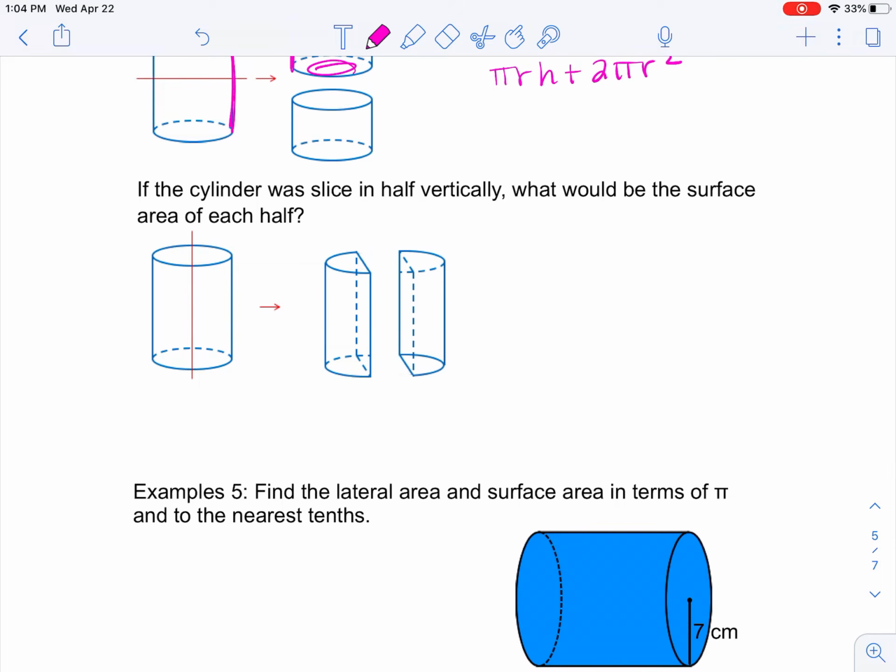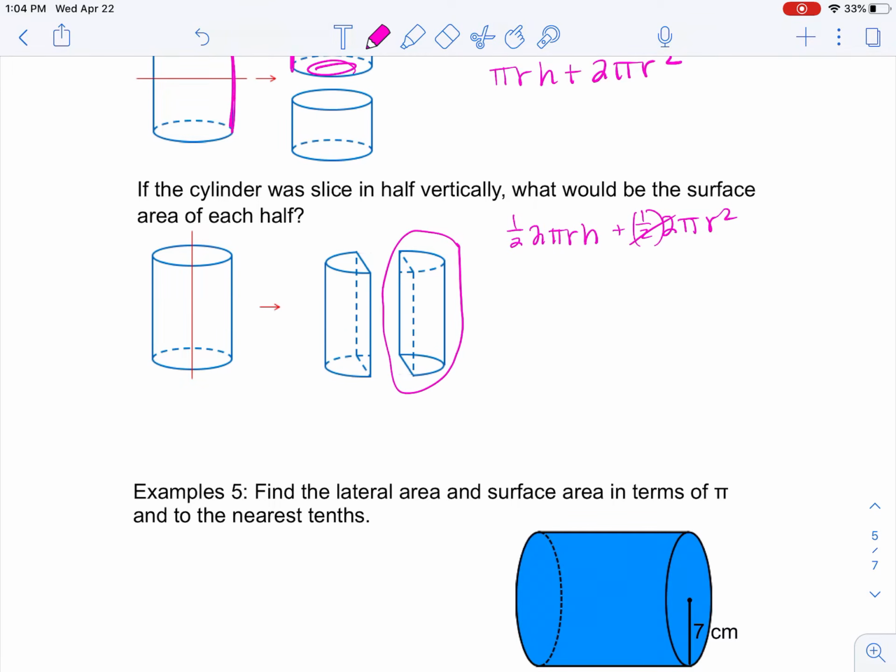Okay, but what if we cut the cylinder this way instead? If I wanted the surface area of this piece right here, I'd only have one base this time. So I would either say half of 2 pi r squared, or I can just say that's 1 pi r squared because there's just one circle. And then also it's half of the cylinder, so half of 2 pi r h.